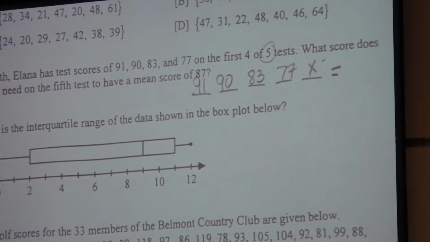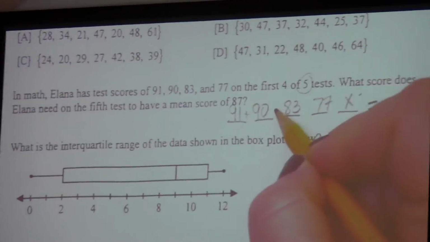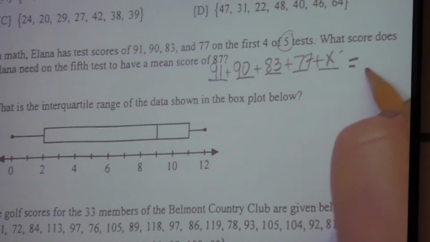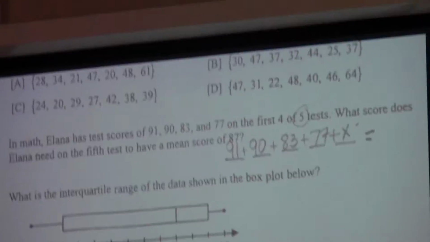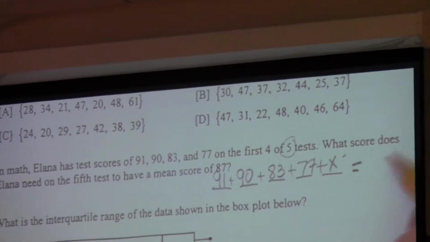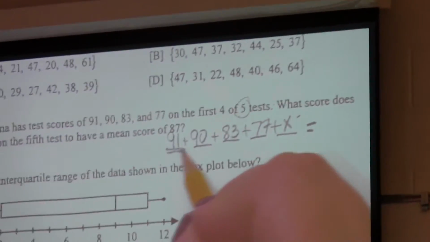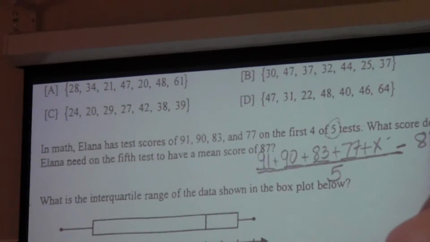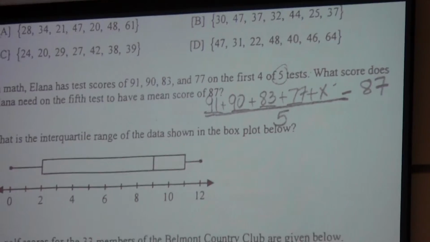So that when I added those all up and divided by what? 5. So when I add all those up and divide by 5, it has to equal 87.